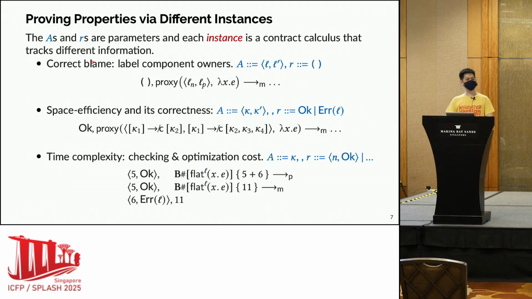And in order to prove the correct blame that is identified by Christos Dimoulas, we can instantiate it with annotations that will tell me who has the control over the value that is being checked, the ownership labels. In order to prove space efficiency and its correctness, like it's not dropping checks, we can instantiate it with not just a single contract, but a pair of contracts, where the second copy of the contract is the original unoptimized version of the contract that may contain redundant checks like K3 and K4.